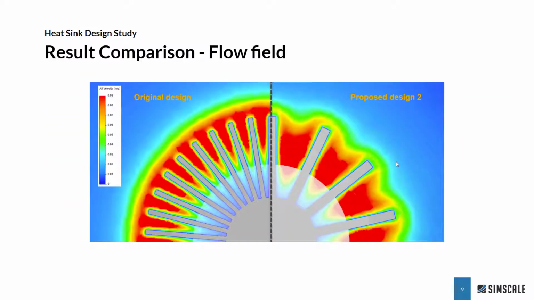And we can actually understand why this is the case as well by looking at the convective behavior. So if we look at the original design here, we can see that there's actually not that much penetration of the airflow to the center of the heatsink channels, whereas in the proposed design 2, we have a much greater amount of flow within the heatsink channels, thus increasing the cooling capacity.